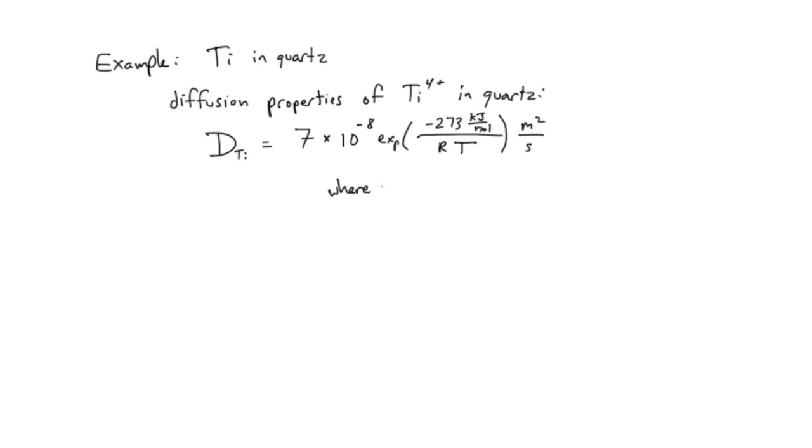And R is 8.314 joules per Kelvin per mole. So this equation tells us how easily titanium moves around in quartz as a function of temperature.